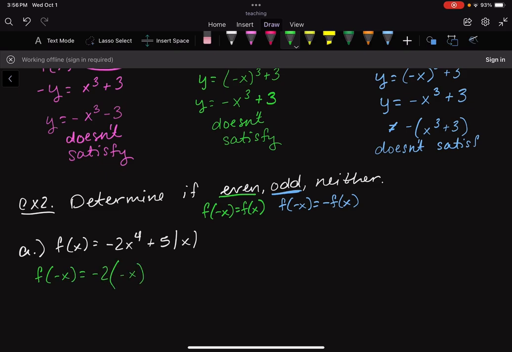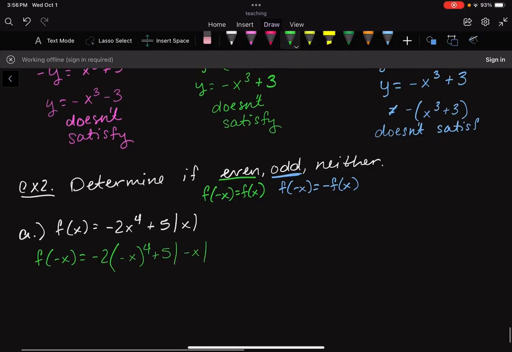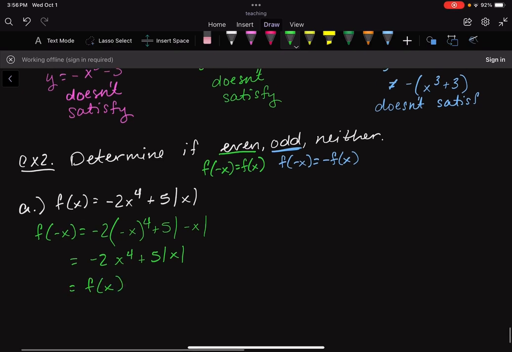Everywhere I see an x, I'm going to write negative x instead. And let's see how this simplifies. Negative x to the fourth is the same as x to the fourth. I don't really need those parentheses there anymore. And then absolute value of negative x is the same as absolute value of x. So this one, we're seeing that it's the same as just f of x. So this is an even function.